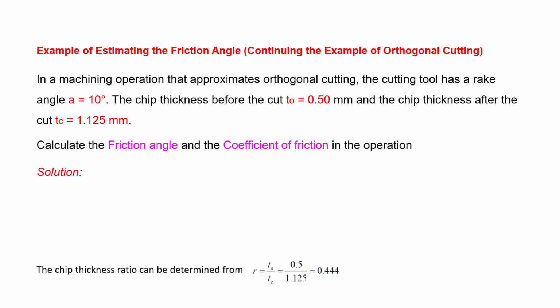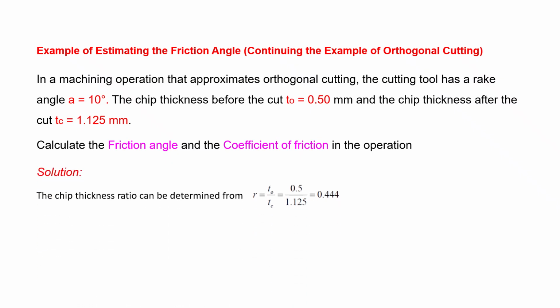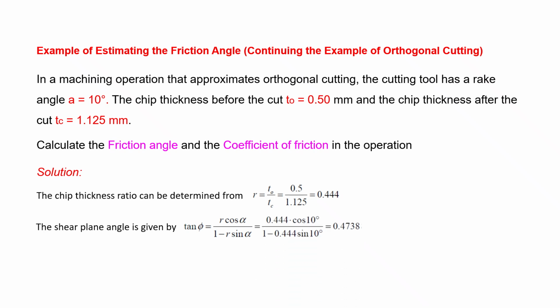In step 1, we calculate the value for r. If you remember, in question 1 for this week it was 0.444, and we then used it to calculate the value for phi, which was found to be 25.4 degrees. Now we're going to use the Merchant equation.